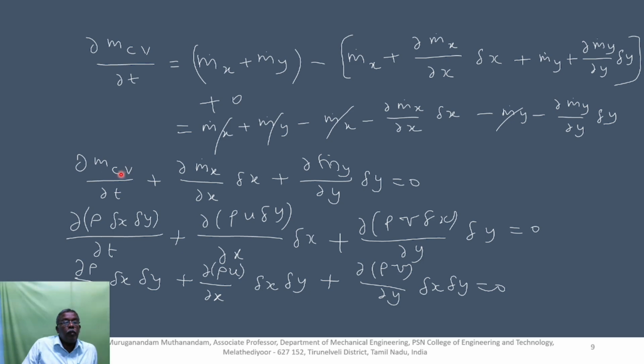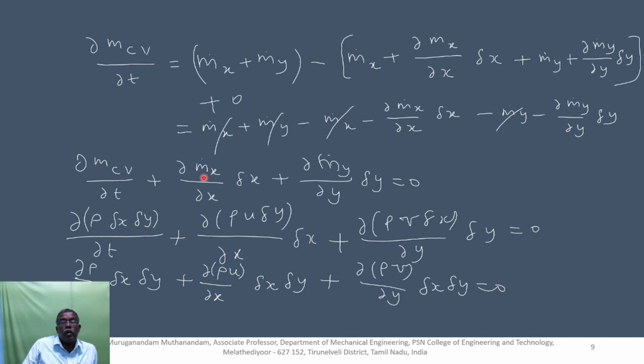Substituting for the mass of the control volume, which is the product of density, length of the control volume along the horizontal direction delta x, and length of the control volume along the vertical direction delta y, rho delta x delta y.